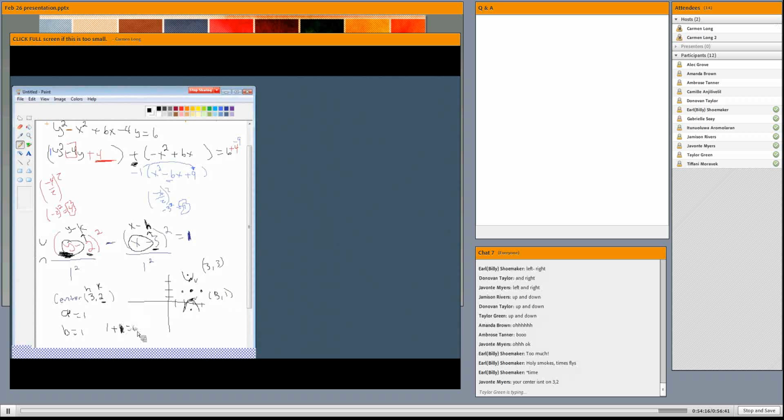So c squared is 2, or the square root of 2 is c. That would be here and here. This distance is the square root of 2, and this distance is the square root of 2. No, this one's not centered at (0, 0) because I have an h and a k.